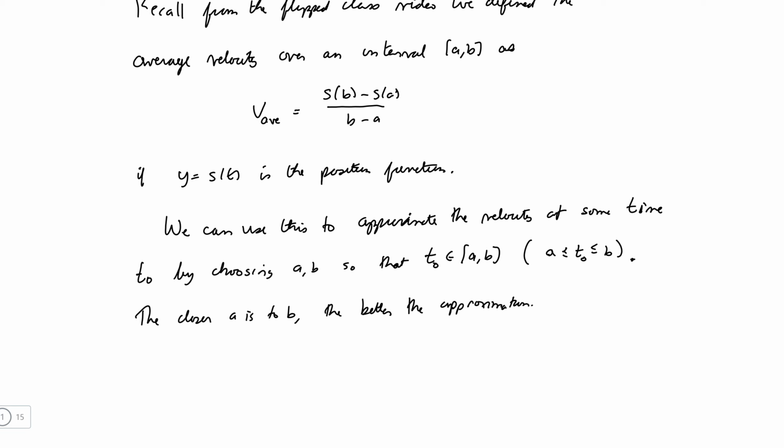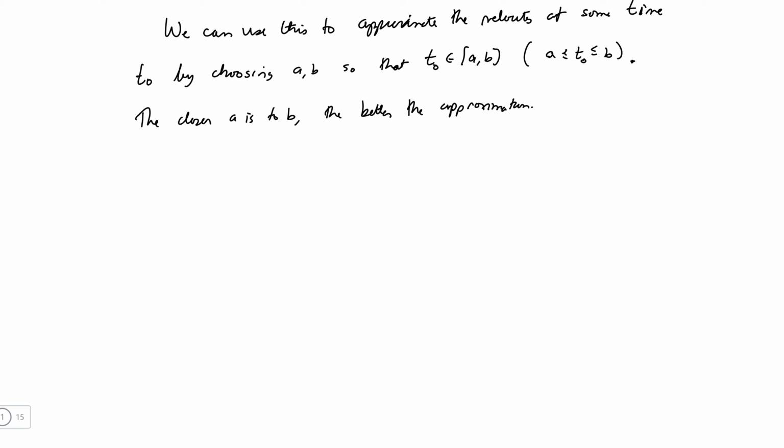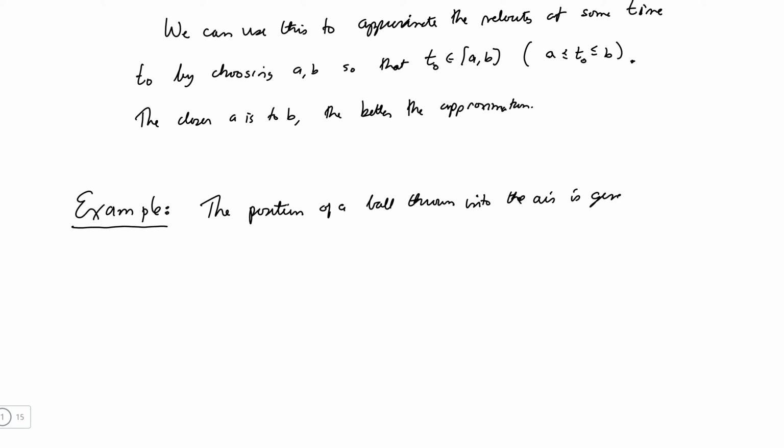So let's go ahead and look at another example of this. Let's say the position of a ball thrown in the air is S of t equals 10 times t minus 4.9 t squared.